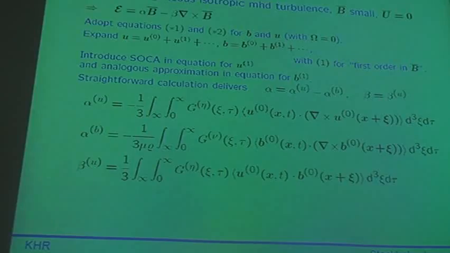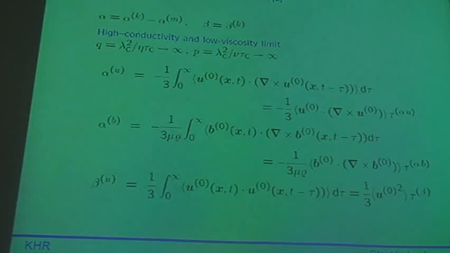Perhaps you can better see what this means if you go to the high conductivity limit and the low viscosity limit, defined in this way. Then alpha u is just minus 1/3 u curl u, with the zeros here, and a characteristic time.